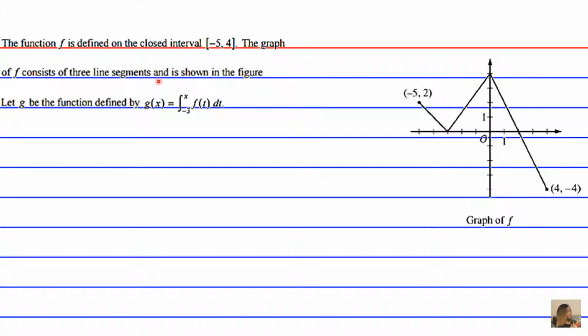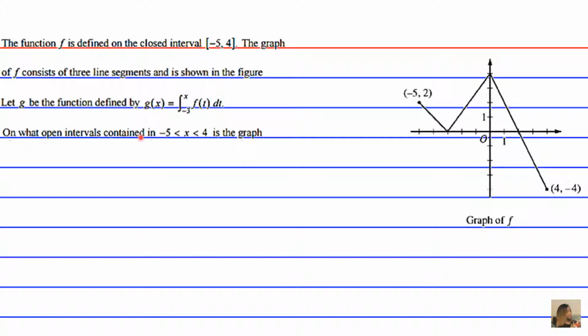Let g be the function defined by g of x equals the integral from -3 to x of f of t dt. So g of x is the integral of f of t.